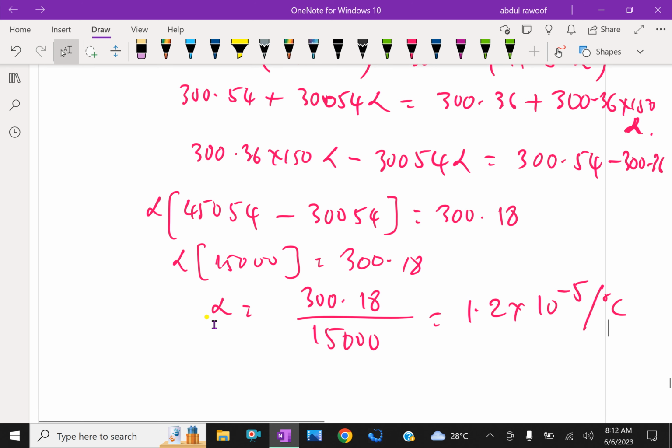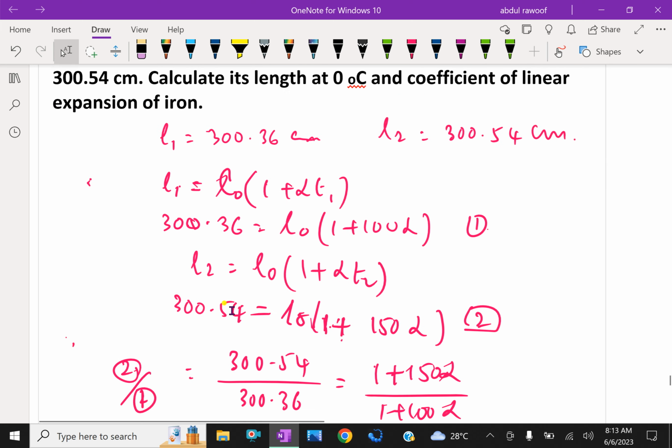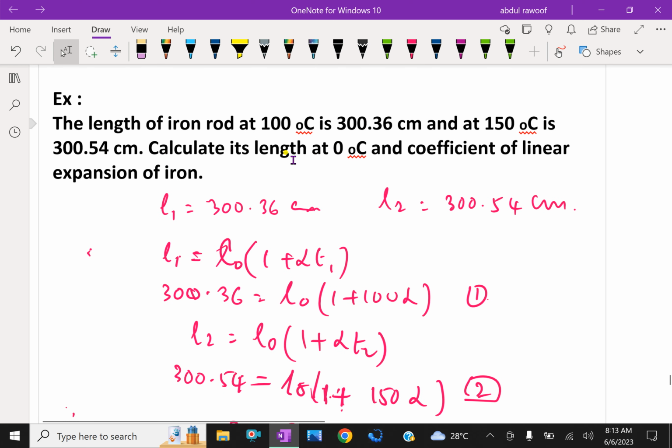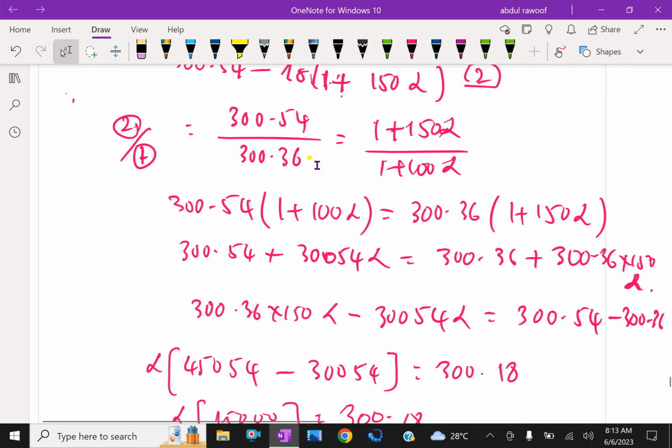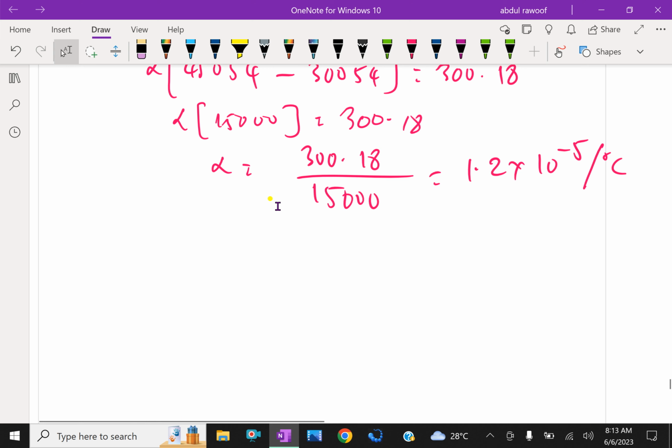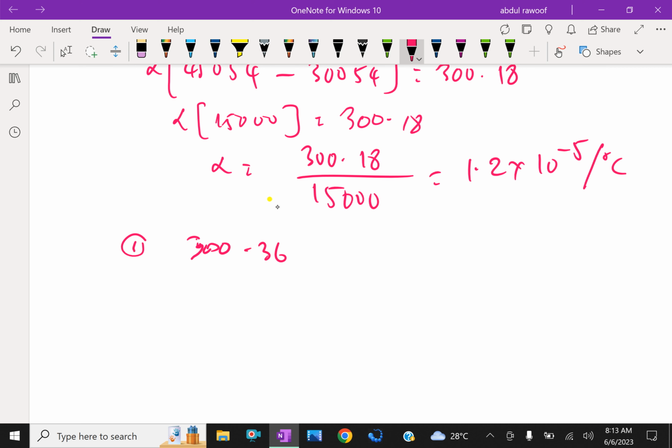Now we got alpha, that is, we first found the coefficient of linear expansion. Also at 0 degrees Celsius you have to find L0. Here equation 1 tells 300.36 equals L0 into 1 plus alpha into 100.